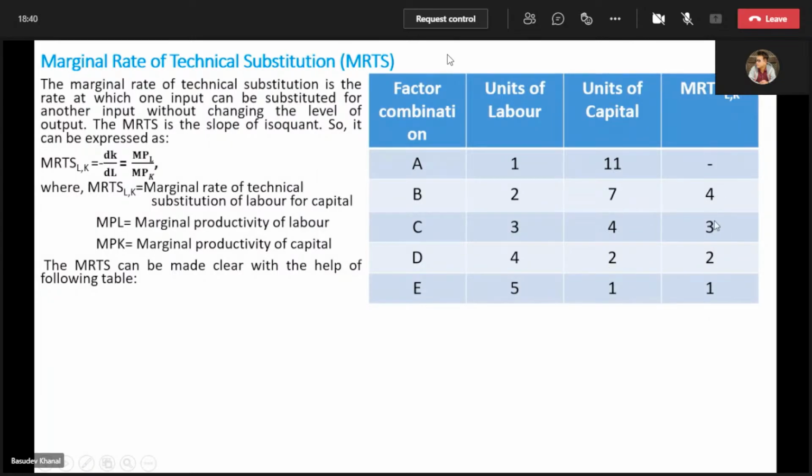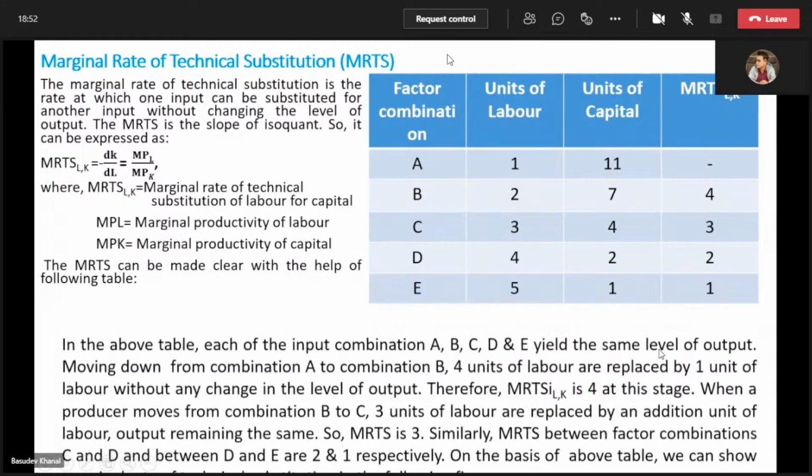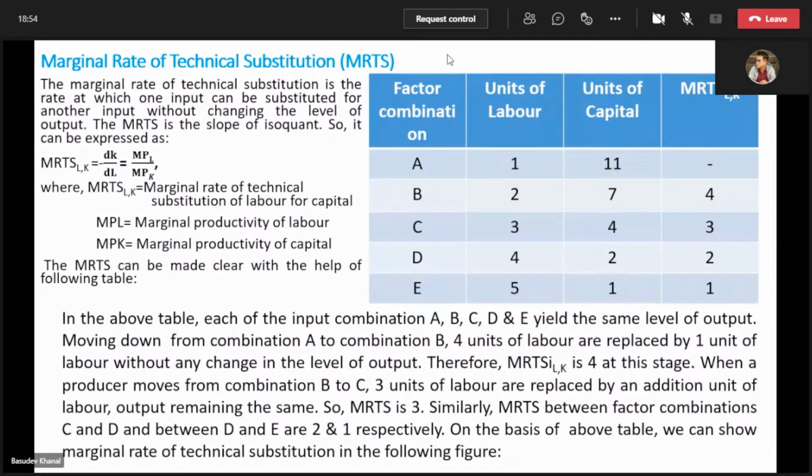These 4, 3, 2, and 1 are the marginal rates of technical substitution of labor for capital in the respective combinations. This is explained this way. This is a complete slide. You can take a screenshot of this.